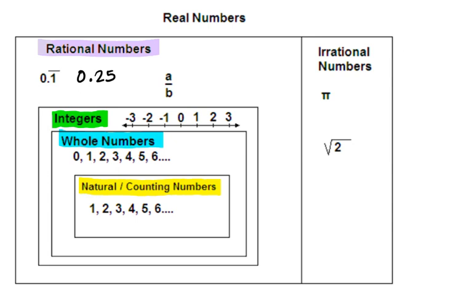Then there's one more type of family. And this family is kind of like the outcast, you could say, because it's all by itself. It's called the irrational numbers. So irrational numbers are not natural, not whole numbers, not integers.